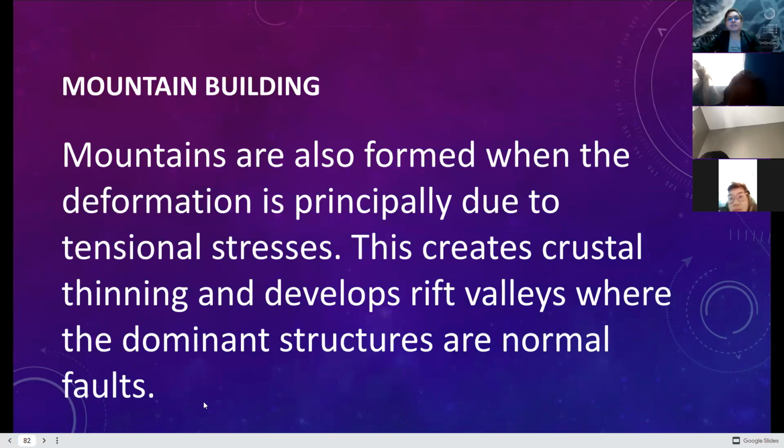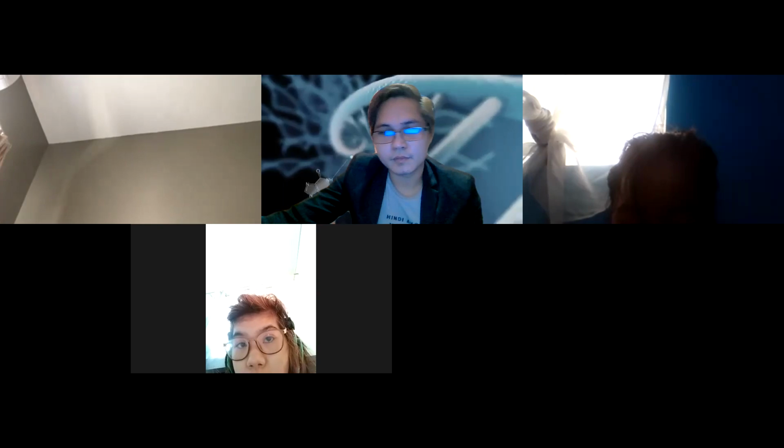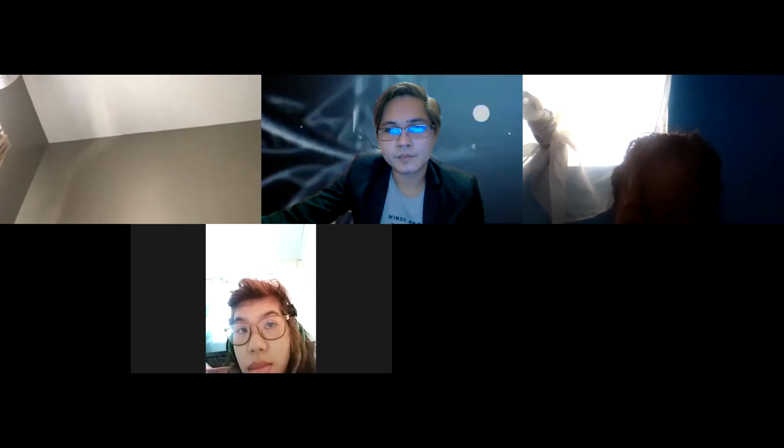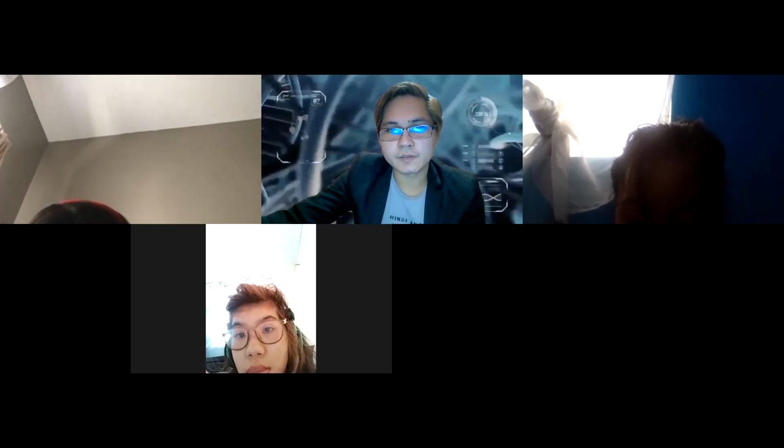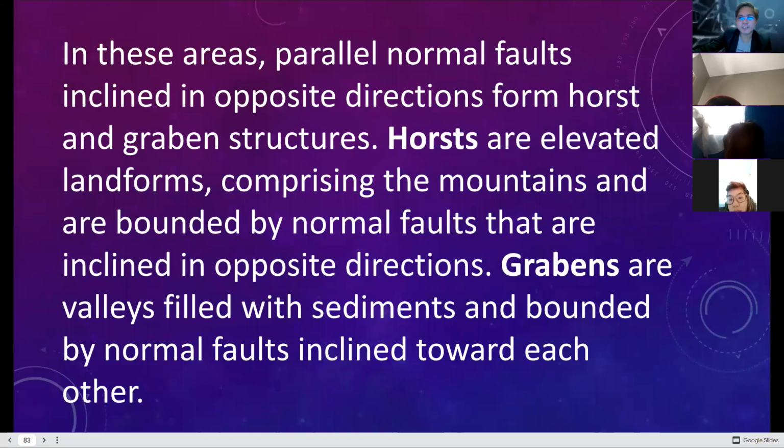In these areas, parallel normal faults, okay, we keep on disconnecting. I'm sorry for the technical issues here. Again, parallel normal faults inclined in opposite directions form horsts and grabens.